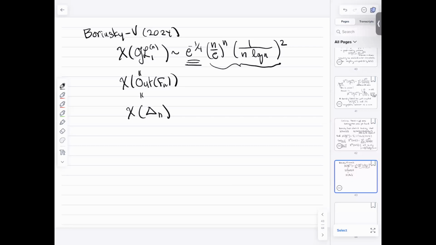Or you can think of it as the Euler characteristic of delta n, which we remember is outer space mod Out(Fn). I forgot to tell you something.